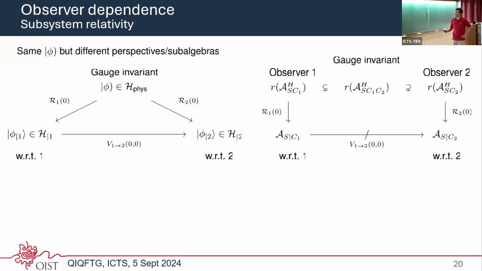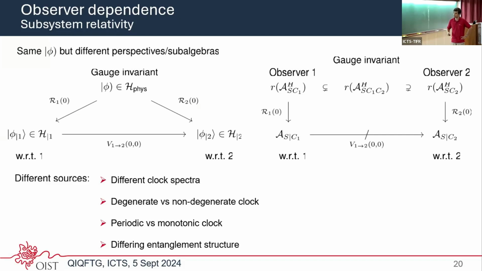But these two algebras are not unitarily related to each other through the same VMAP as the states were related. And this already tells you that the entropy will be different, because the entropy is always defined with respect to some algebra. And here we already established that these two algebras with respect to different observers will not be unitarily equivalent. So that already implies that indeed they will measure different entropy from their perspective.